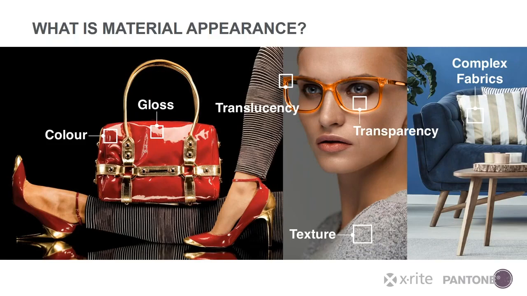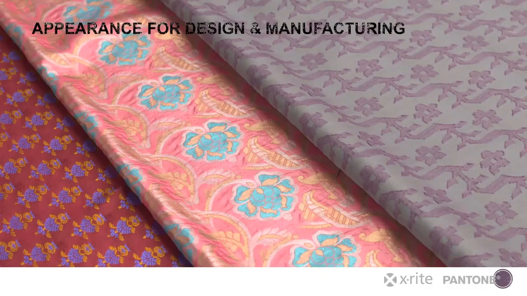We have a color, but we also have gloss. There's translucency, there's transparency, there's texture. How do you do complex fabrics like there, you've got those gold strips on that white back matte surface? When you're looking at very complex products like this, how do we characterize that?